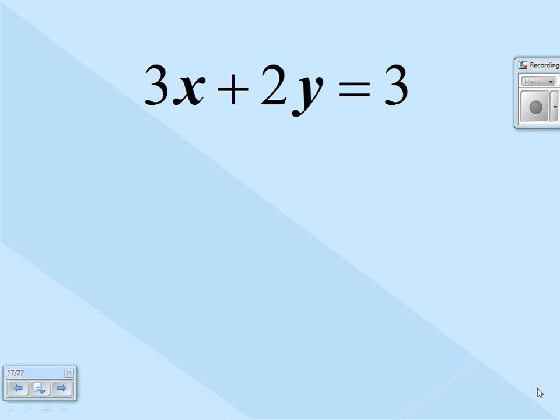3x plus 2y equals 3. If I have 3x plus 2y equals 3, I want to change this problem from standard form to the slope-intercept form. So basically what I want to do is get y by itself on the left-hand side. In order for me to do that, what I'll do is subtract 3x from both sides.